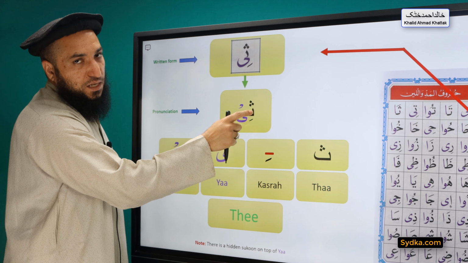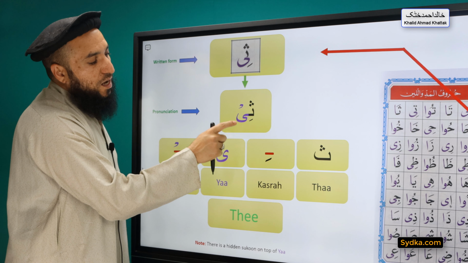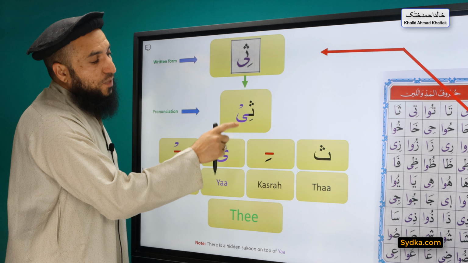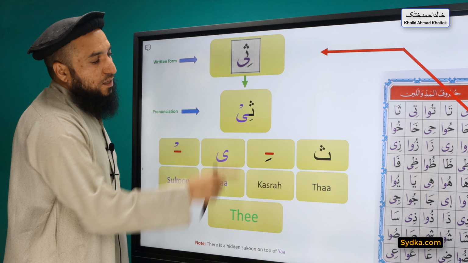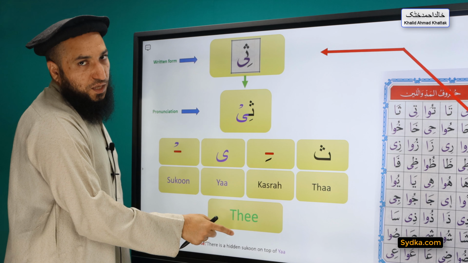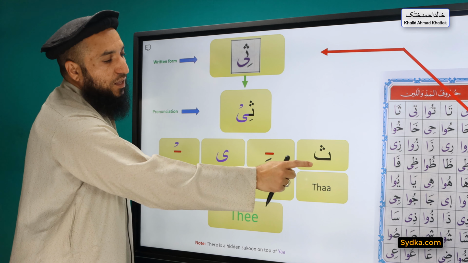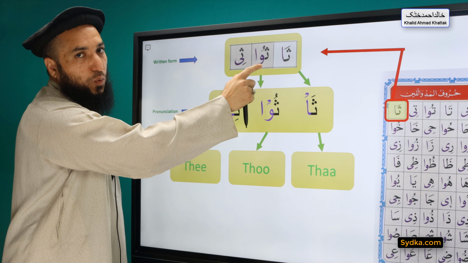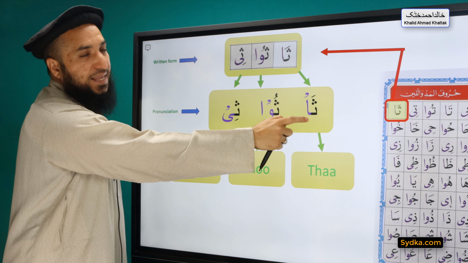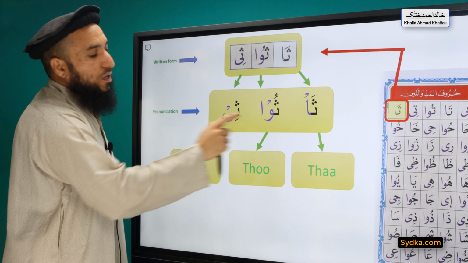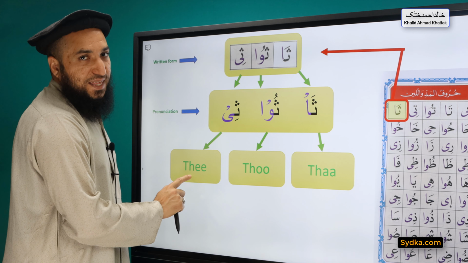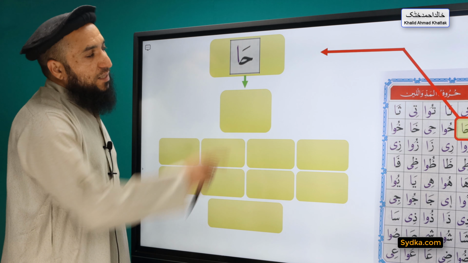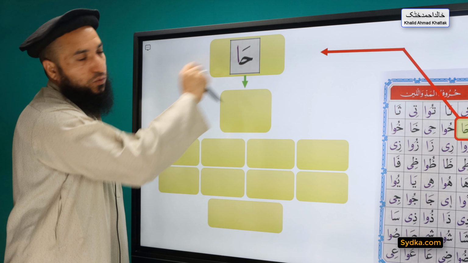Tha is a light letter, it has kasra underneath, and it is followed by ya, and ya has sukoon. Tha kasra ya sukoon thi. Tha thu thi.